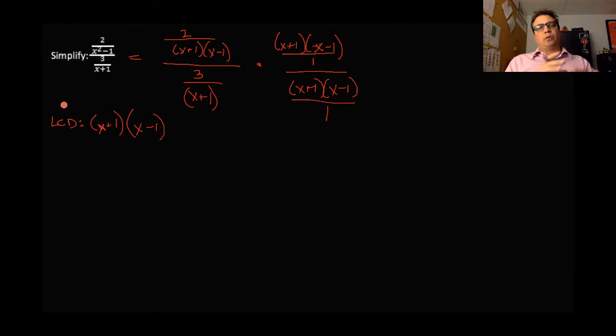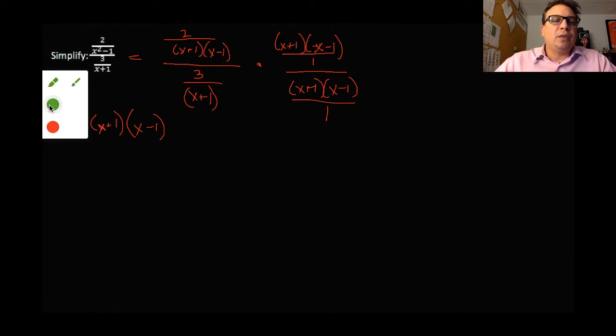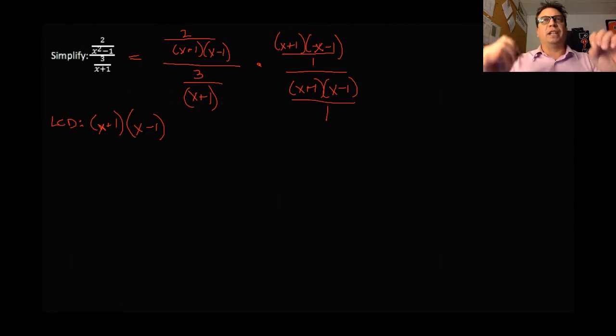What I'm basically doing is multiplying both numerator and denominator by the common denominator, so that it just gets rid of the denominators within each fraction. Basically I'm extending this to make one big fraction.